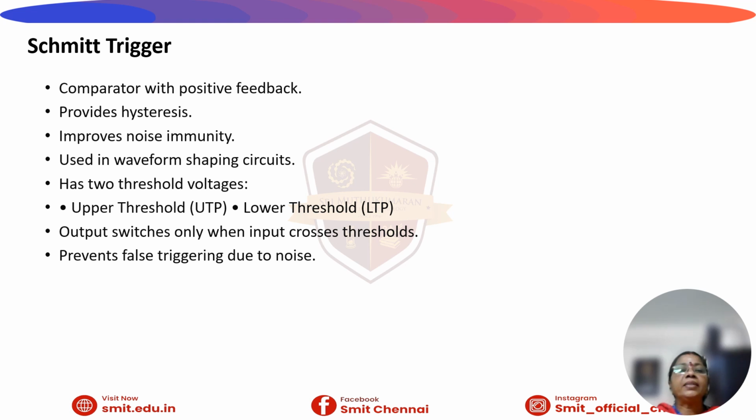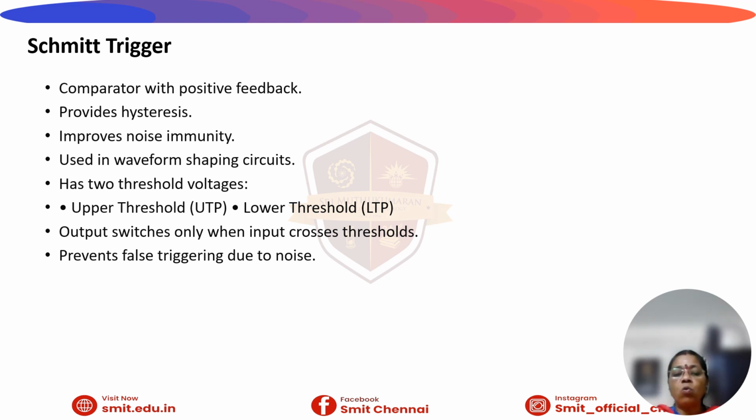The next application of the comparator is the Schmitt trigger. It is a regenerative comparator with positive feedback. It provides hysteresis and improves noise immunity. The Schmitt trigger adds positive feedback to create two separate threshold levels, upper and lower trip points.